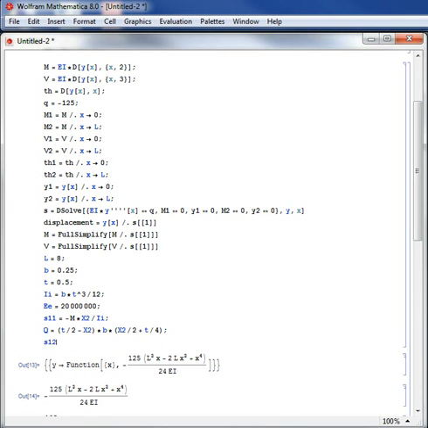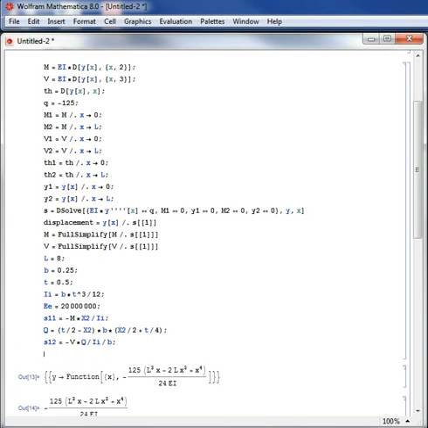So S12 will be equal to negative the shear multiplied by Q divided by I divided by the width of the beam, and our stress matrix will be equal to S11, S12, 0, S12, 0, 0, 0, 0, 0.